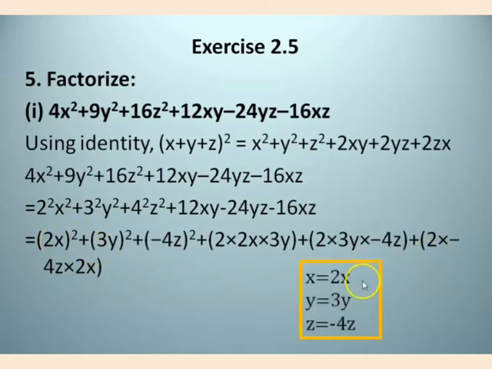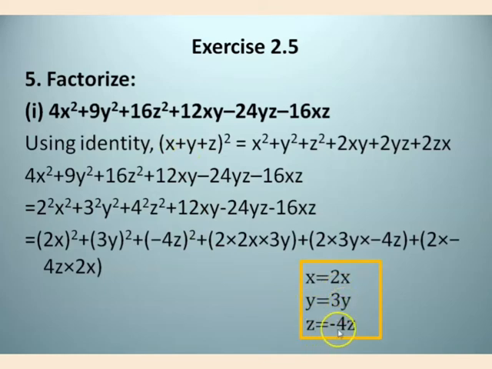Now in the place of x you have 2x. In the place of y you have 3y. In the place of z you have minus 4z. So the right hand side we have written factorized like this. So this expression will be equal to the left hand side. So we are going to write the left hand side. In the place of x we are going to substitute 2x. In the place of y we are going to substitute 3y.